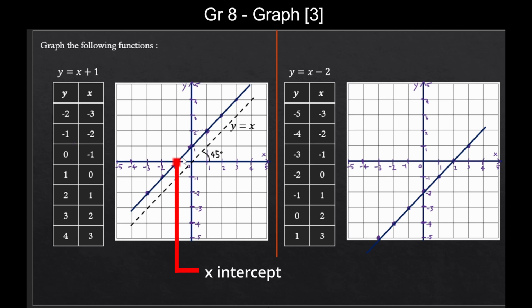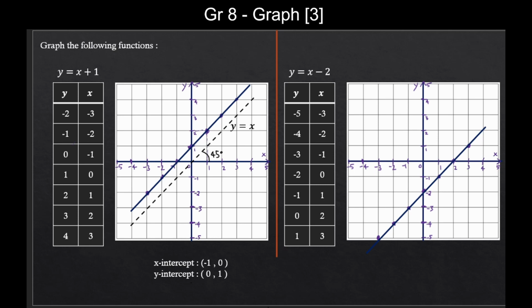If there's a point that is touching the y-axis, such as this point, we call this point the y-intercept. Please take a note. It is very important to know where the x-intercept is and where the y-intercept is.